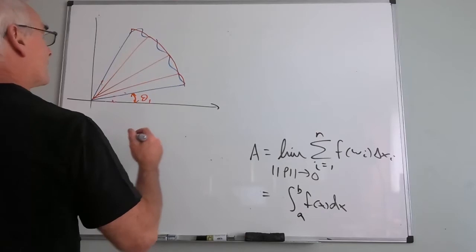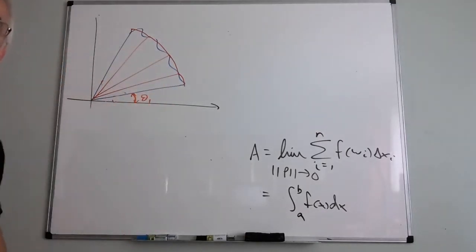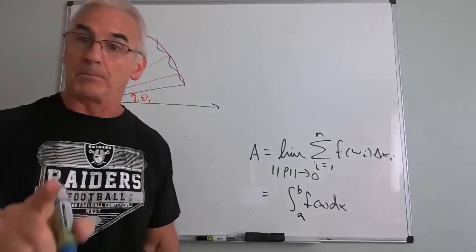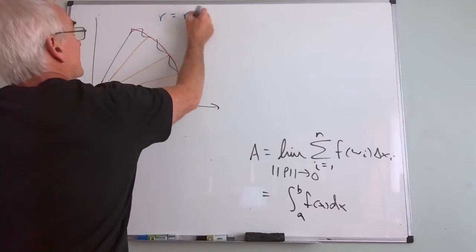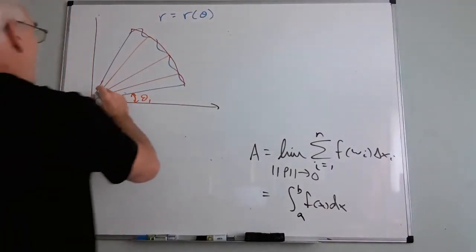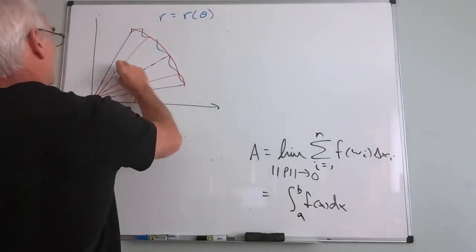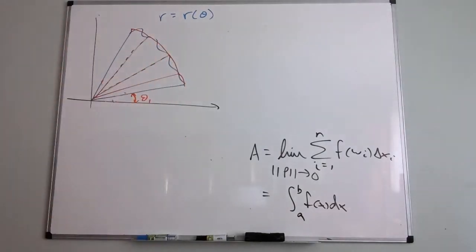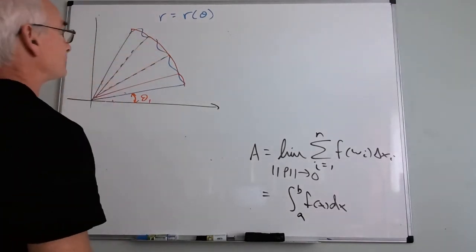So first thing I need to do is rewrite this not in XY world, but in r theta world. So now let's consider r is actually a function of theta. Then this here and this here are the same r. That's exactly the same r because they're parts of the same sector of the circle.